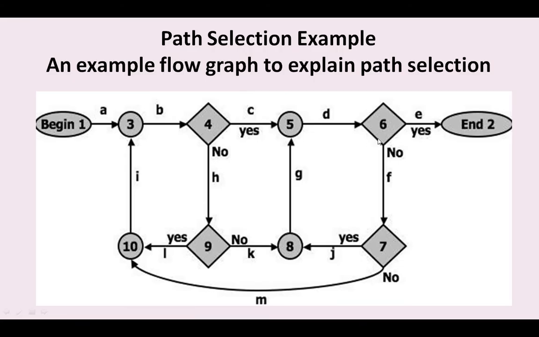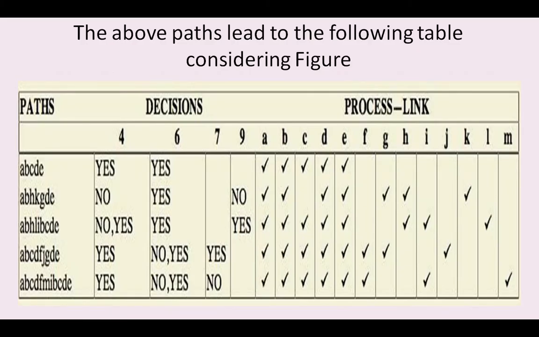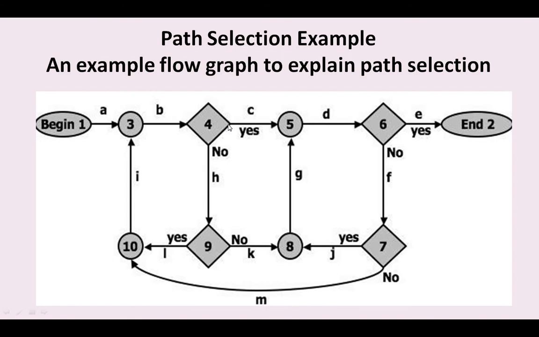The ordered link names are also called the path name. Based on this graph we have generated some paths like this: a b c d e, a b h k g d e, and like this: a b h l i b c d e, a b c d f j g d e, and a b c d f m i b c d e, based on this number of links. Okay, this is the number of paths.